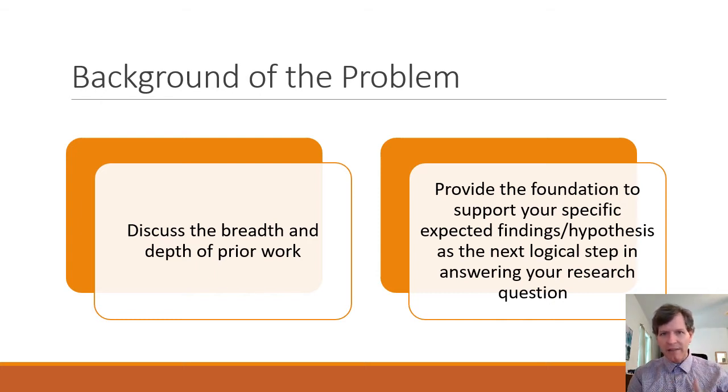And so if I'm asking you those questions in your proposal phase, you need to be able to have an answer and a why about that. So provide foundation to support your specific expected findings as the next logical step as you research into your question. Notice the cyclical process all the way.